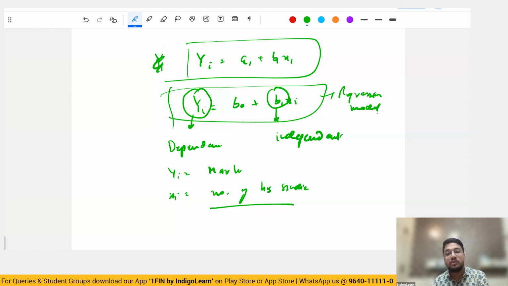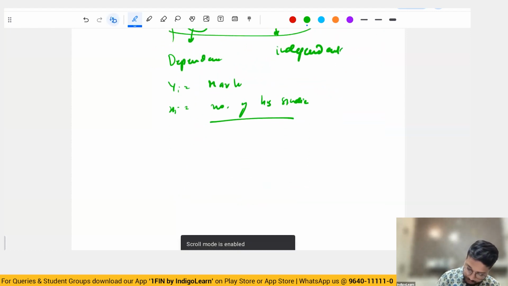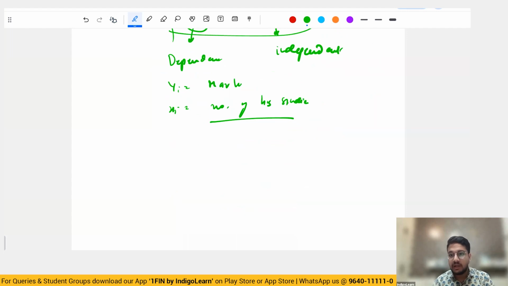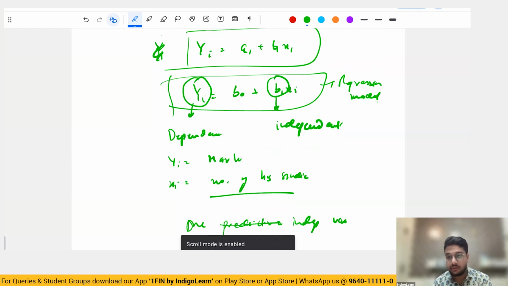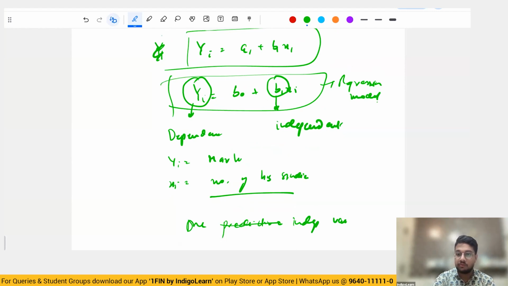But in this model so far, there's one thing: in the entire model, there's only one independent variable, which was the number of hours.